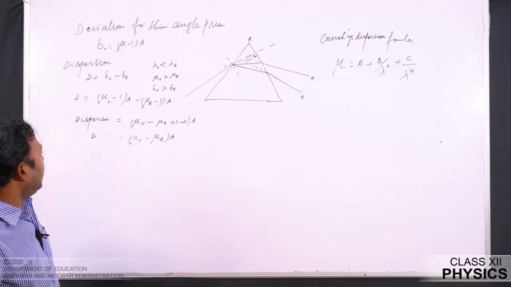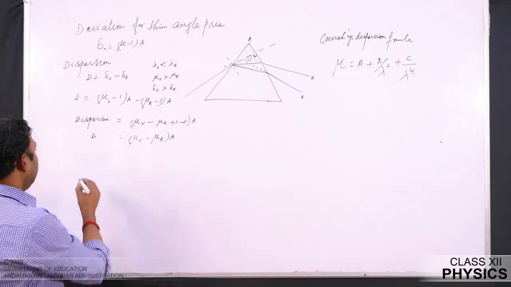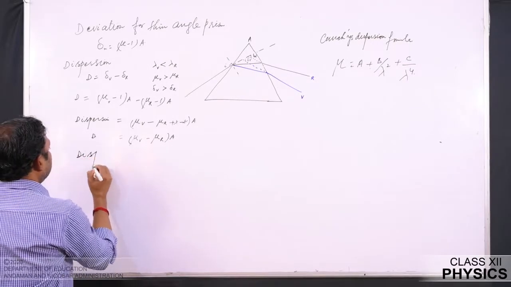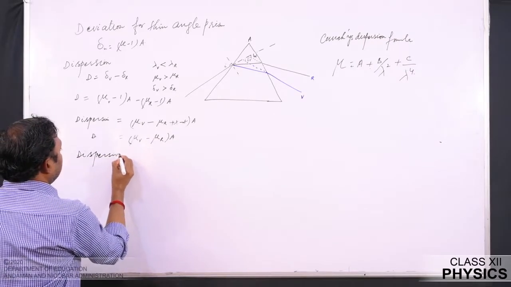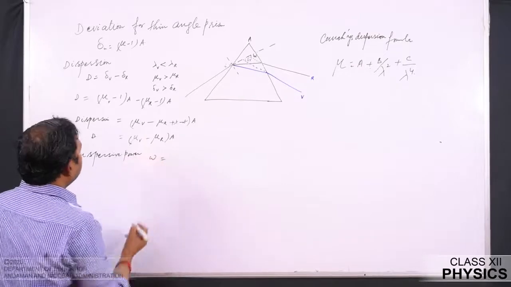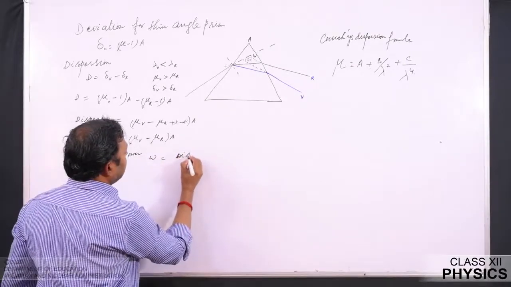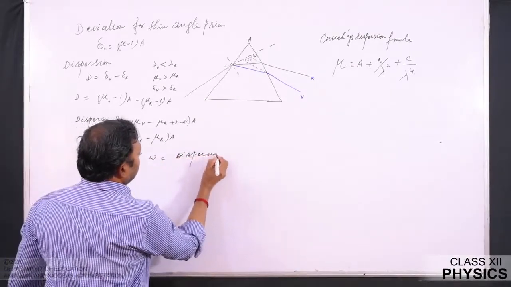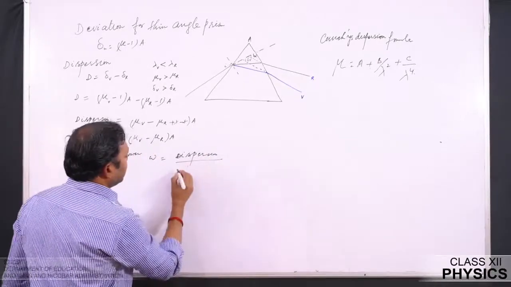Now, after this we will try to see the dispersive power. Dispersive power is given by omega is equal to dispersion divided by mean deviation.